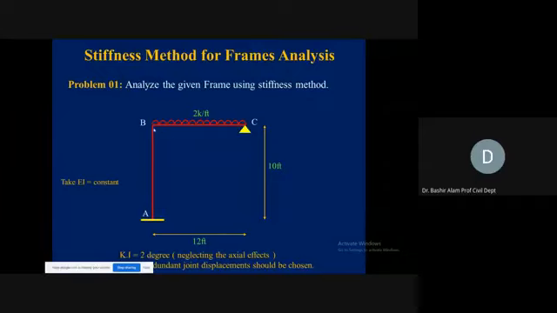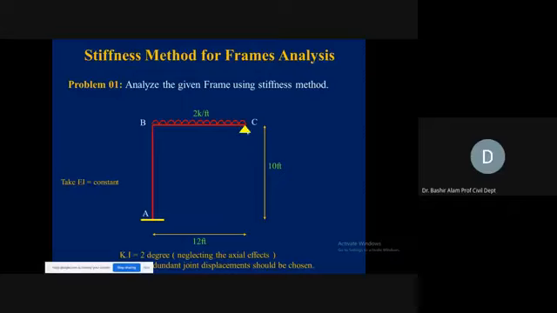So a free joint can have 3 kinds of movements. It can have horizontal, it can have vertical, and it can have rotation also. At A, it is not allowing any kind of displacement, so the degree of freedom at A is equal to 0 because it is a fixed support. B, as we discussed, is a free joint, so it can allow all 3 kinds of displacements.